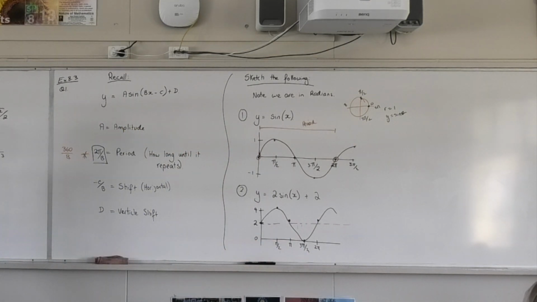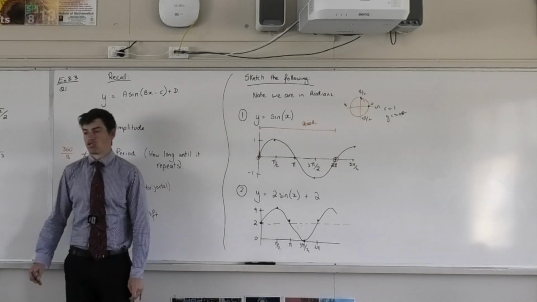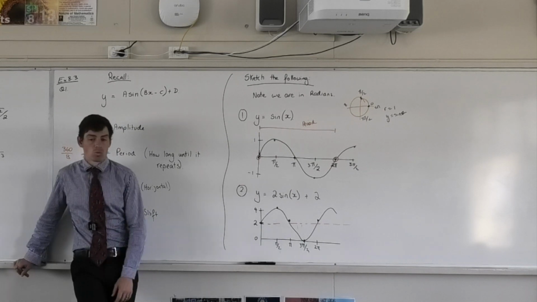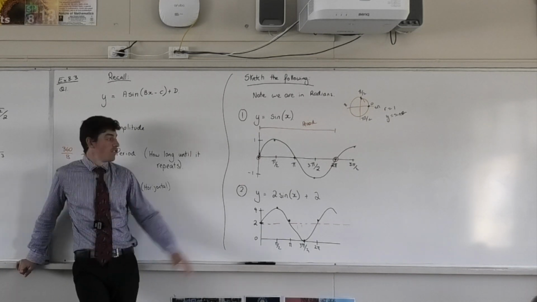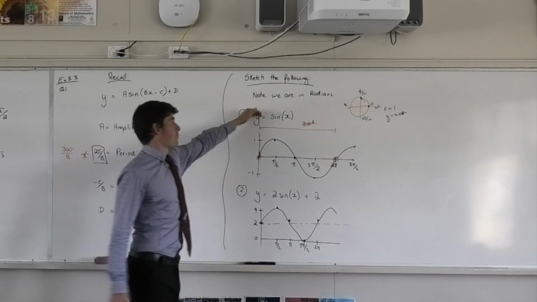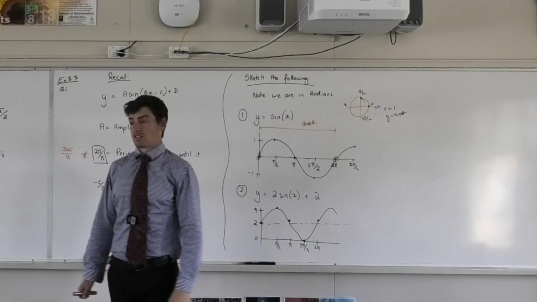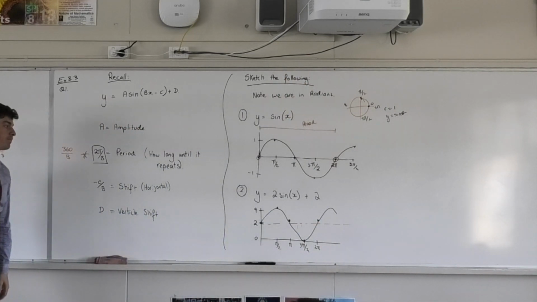Why does it look stretched? Why does my graph not look stretched? What have I not done? I haven't drawn to scale. So that's why my graph doesn't look stretched. If I was going to draw this on the same graph here, I'd have to start up here and probably go to the top of the board down. Does that make sense? Clear with that?